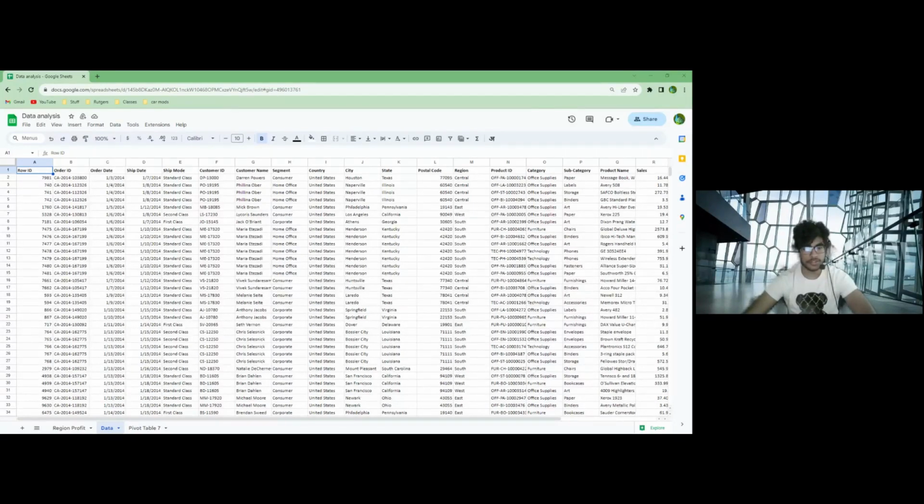Okay, I just shared my screen to Google Sheets, and right now we're going to be doing a live demo on how to create a pivot table on Google Sheets.